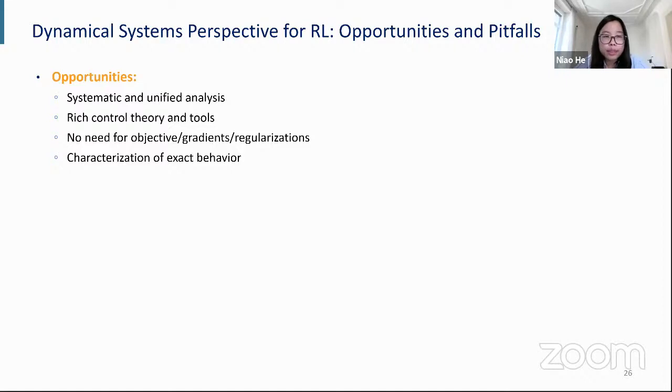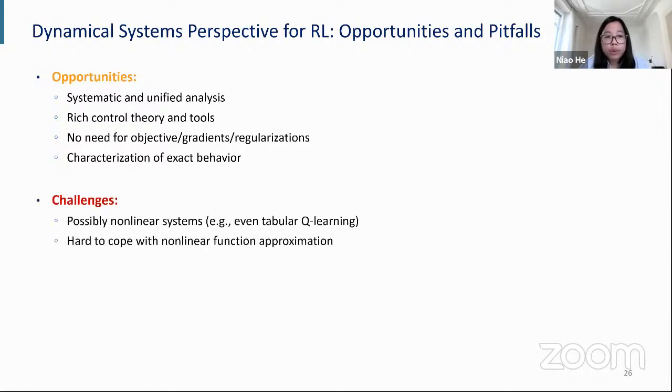And as you will see later on, there are lots of very rich control theory and tools that we can leverage directly, so you don't really need a lot of new analysis. Another key point is that you don't really need a clear objective or gradient to work with, right? You just directly work with dynamics and you'll be able to get a full characterization of how it should behave.